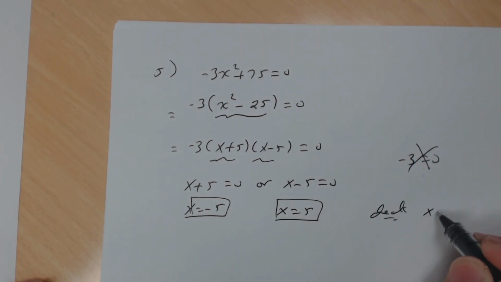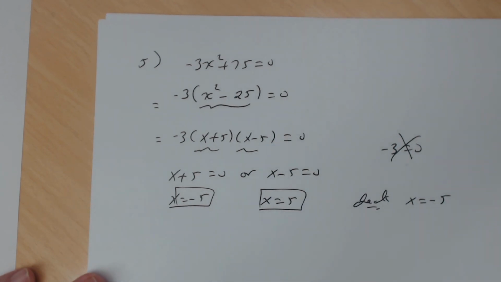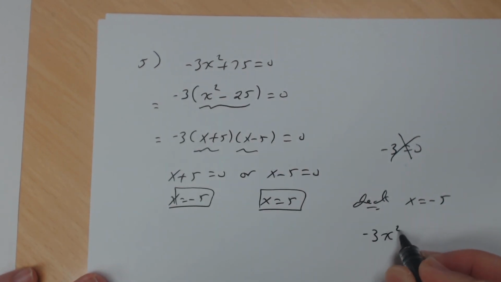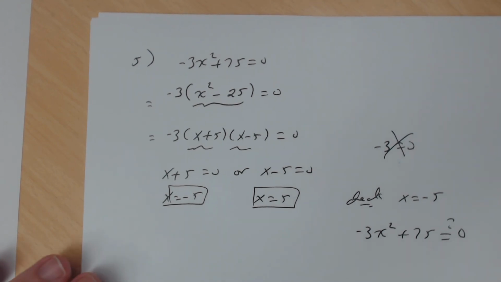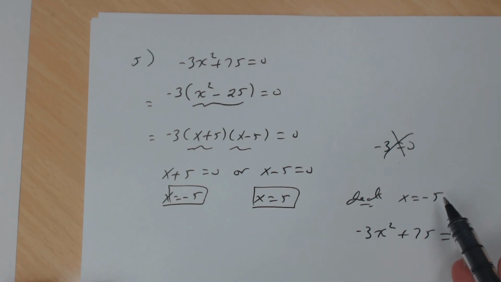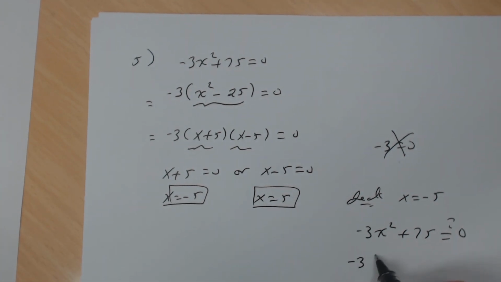Okay? So if you check it, let's just check x equal negative 5. All right, you go back to the original. So I have negative 3x squared plus 75, and I want to see if that's going to equal 0. So let's check negative 5. So I got negative 3 times negative 5 squared plus 75, and again, is that equal to 0? Well, order of operations, negative 5 squared is 25.